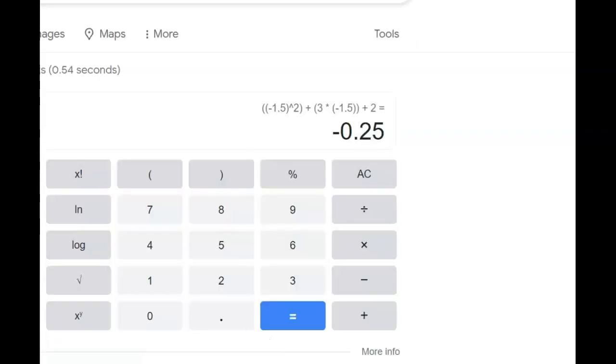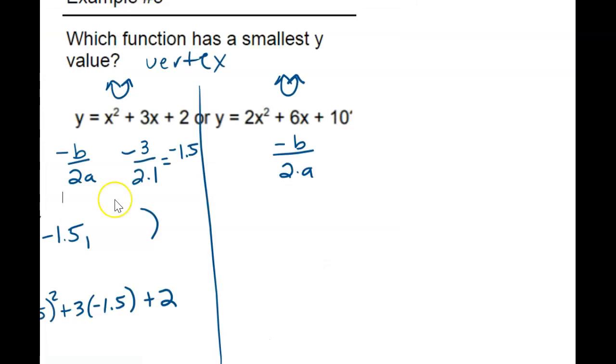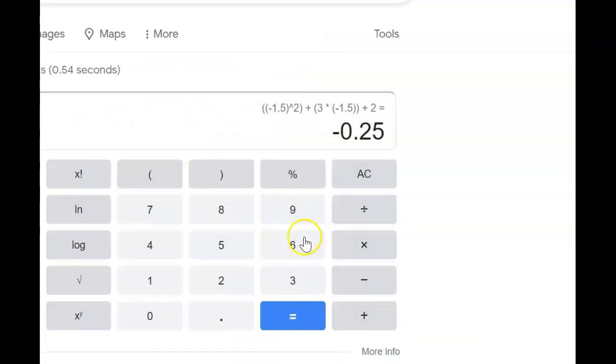Negative 0.25. Okay, and then the opposite of b over 2 times a, so negative 6, oops, clear.